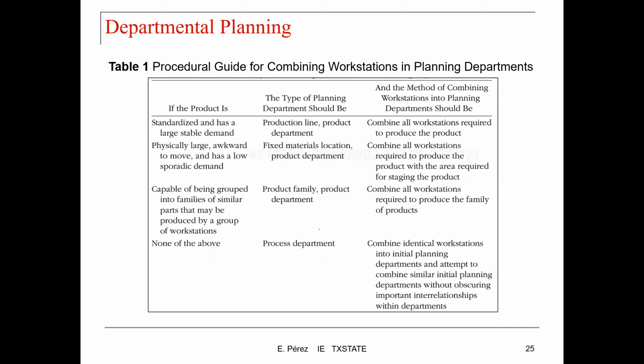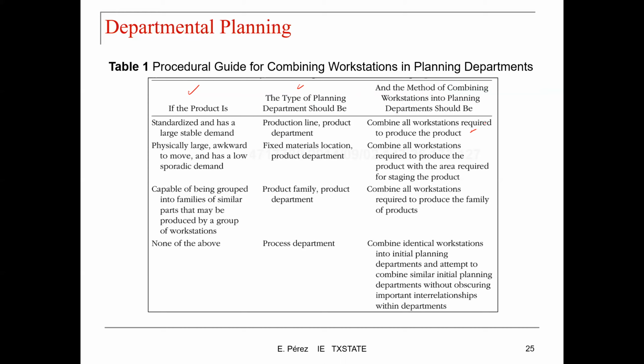So we start with finding out if the product is standardized and has a large stable demand. If that's the case, then the type of planning department should be the production line or product department. And the method of combining workstations into planning departments should be to combine all workstations required to produce that product. So you want to have everything there.